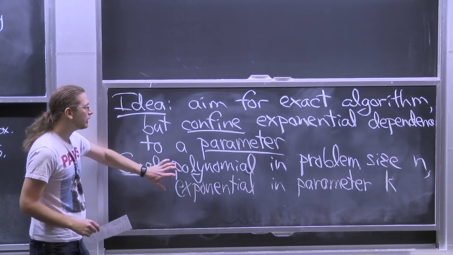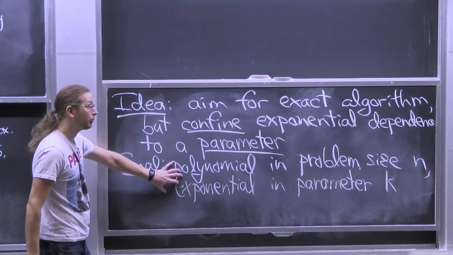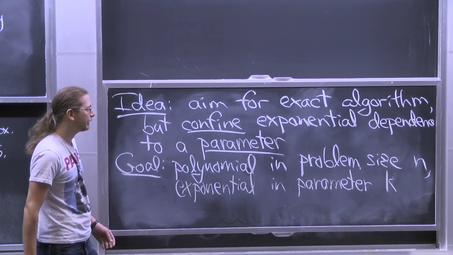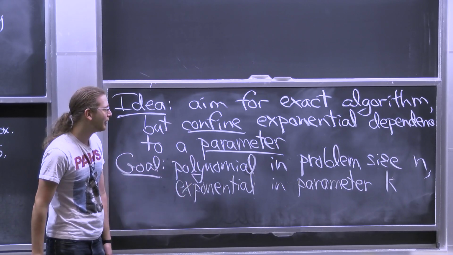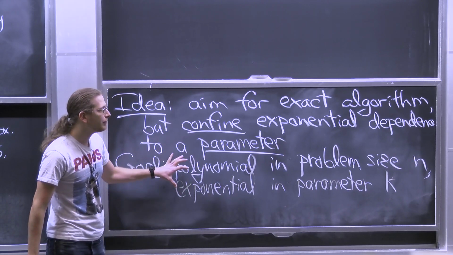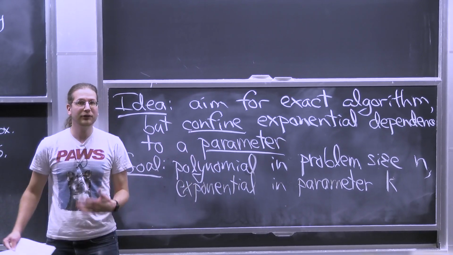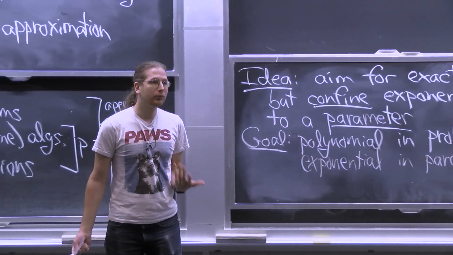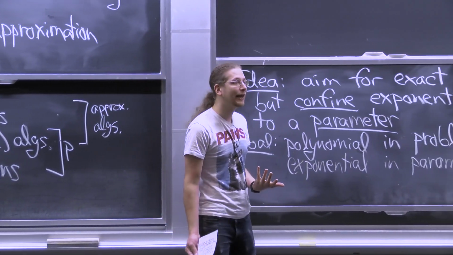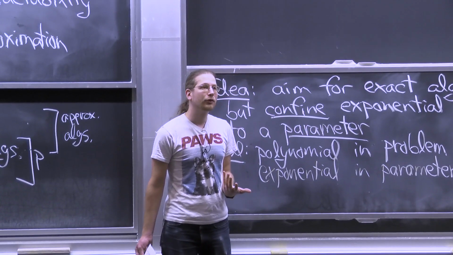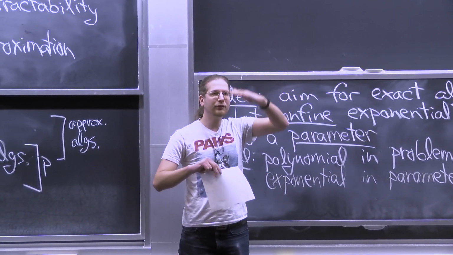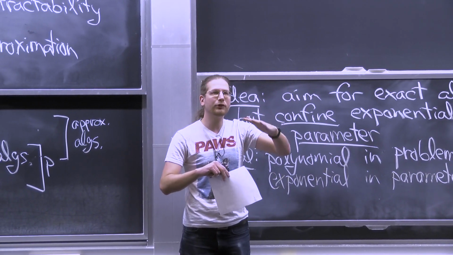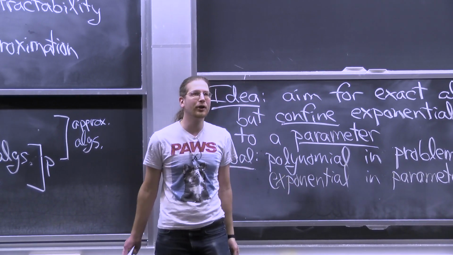So if you can achieve this, which we'll call fixed parameter tractability, I'll define it formally in a little bit because there's more than one way you might think of defining it. Some are right, some are wrong. If you can achieve this, what you get is an exact algorithm for your problem that runs really fast, provided k is small. So this is sort of a way of saying, well, the problem is NP-hard in general, but as long as this measure k is reasonably small, I'm still able to solve it really fast.